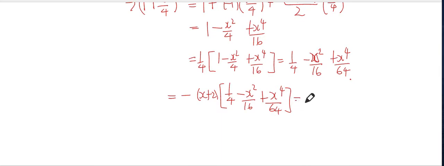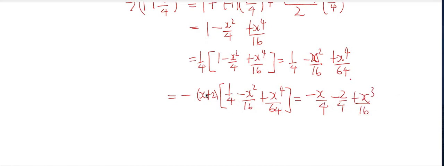So when I do that, what do I get? Negative x minus 2. You have to take extra care over here. It should be negative x over 4, and then minus 2 over 4, plus x cubed over 16.